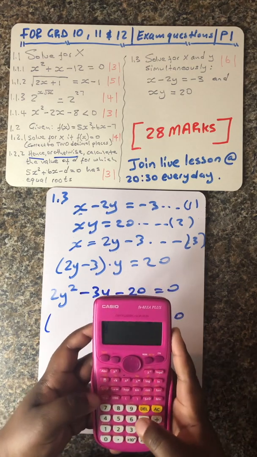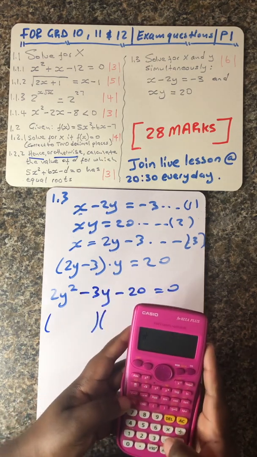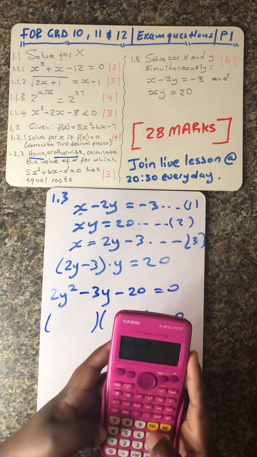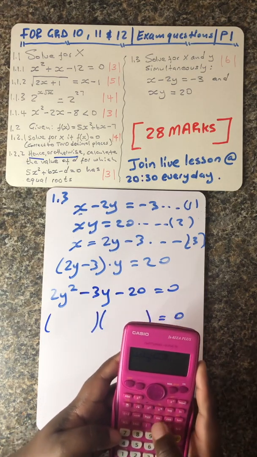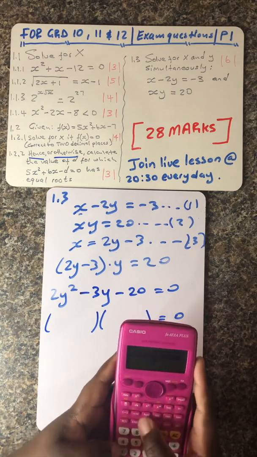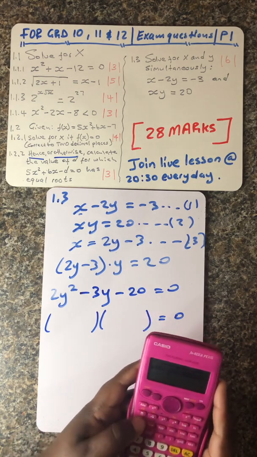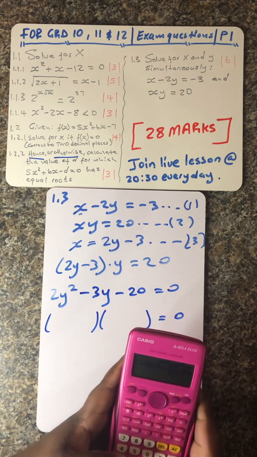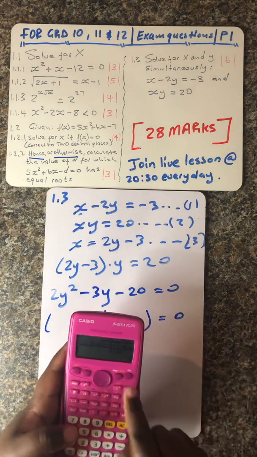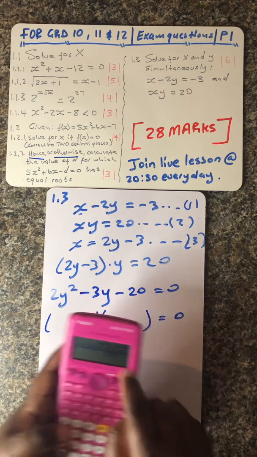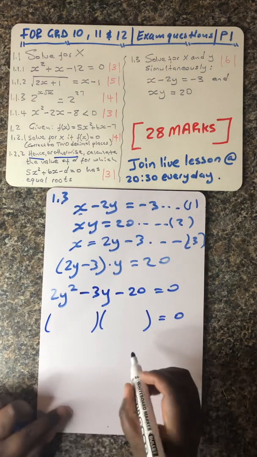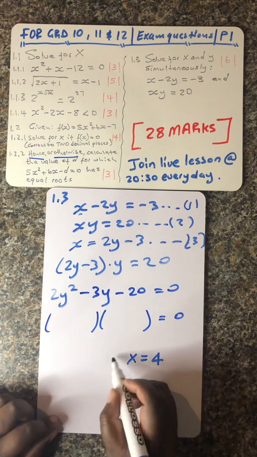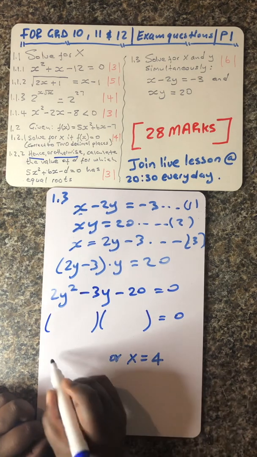Press the fraction button, negative b, which is -3, plus square root of b squared, which is 3 squared, minus 4 times a, which is 2, times c, which is -20, over 2a, which is 2. Can you see I get 4? Remember, I'm going to have 2 values.